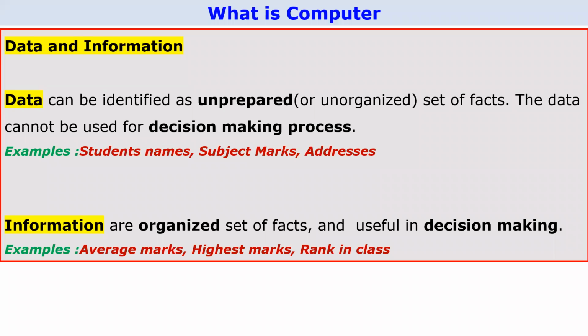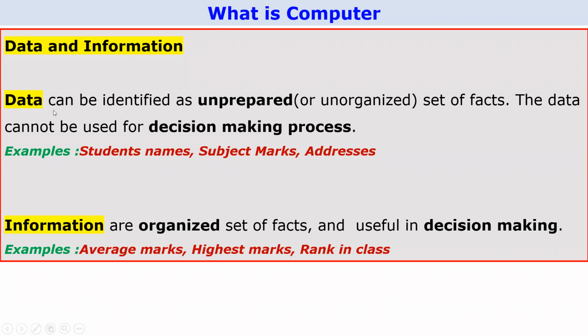Before moving to the technical parts of the computer, the first thing you want to get some idea about is another two terms here, data and information. You may already know the difference between data and information.